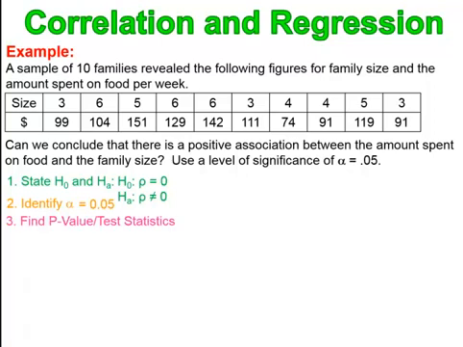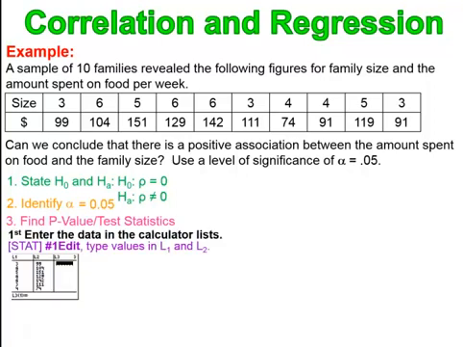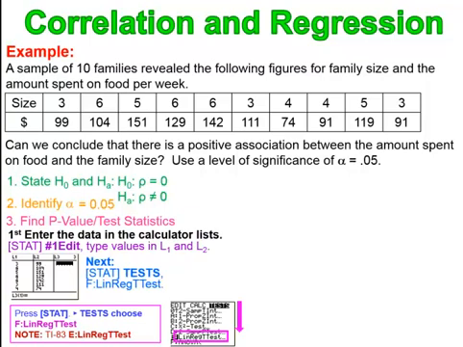Now we have to find our p-value and our test statistic. To do that, we're going to have to first enter the list into our calculator. So we're going into the stat button, choose edit, and then type in the list. In list 1, you'll put the size. In list 2, you'll put the dollars. Once you have the lists entered, you can go to stat, test, and find the LinRegTTest.